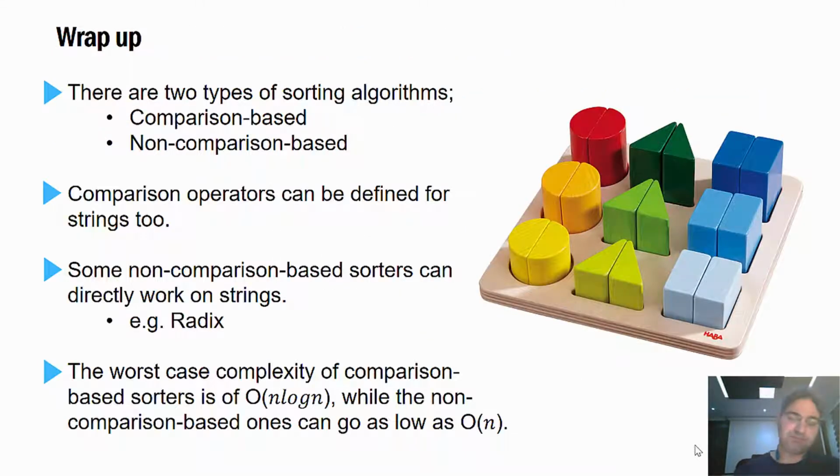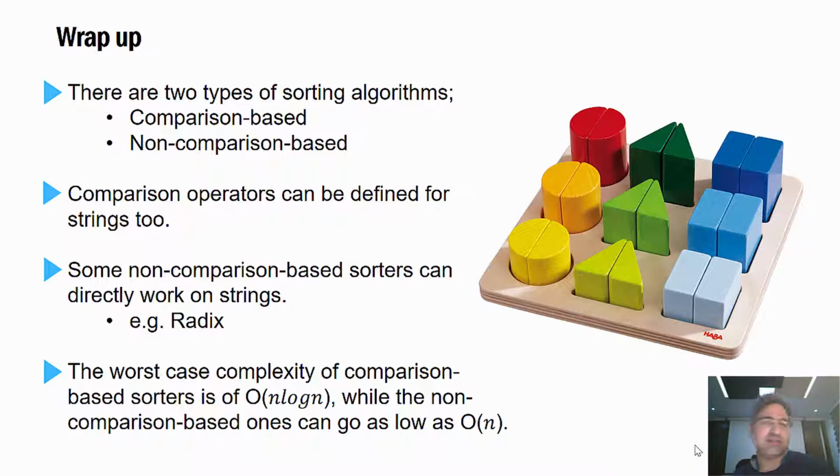So to wrap up, we said that there are 2 different kinds of sorting algorithms, comparison-based and non-comparison-based. Comparison operators can be defined for strings, and then we can use the classic sorters to sort the strings. Some non-comparison based sorters can directly work on strings, like Radix, as we saw.